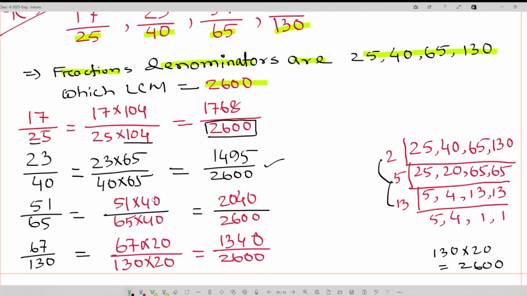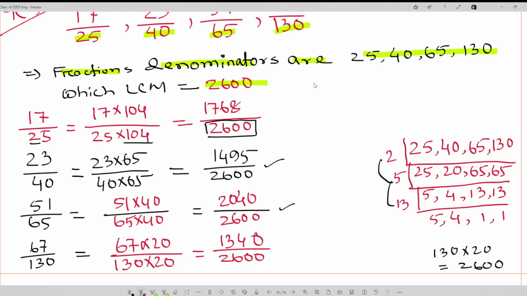Similarly, we will multiply by 40, then the numerator will become 2040 and the denominator is common, which is 2600. And finally 67 by 130 we are multiplying both numerator and denominator by 20, then we will get 1340 divide 2600.